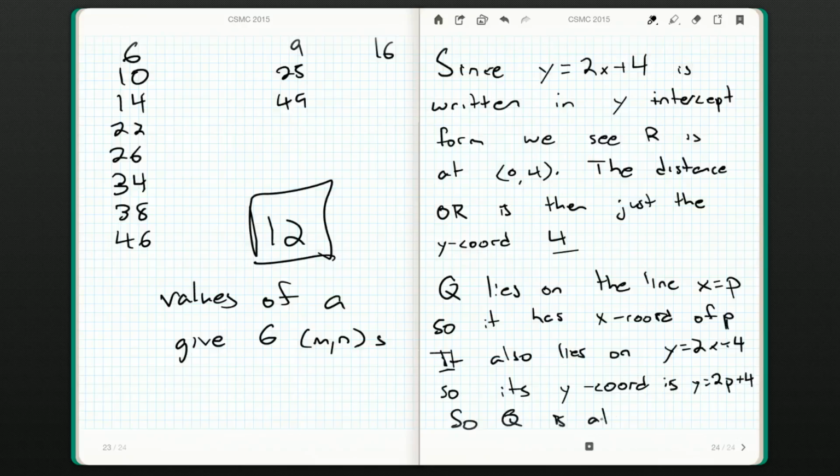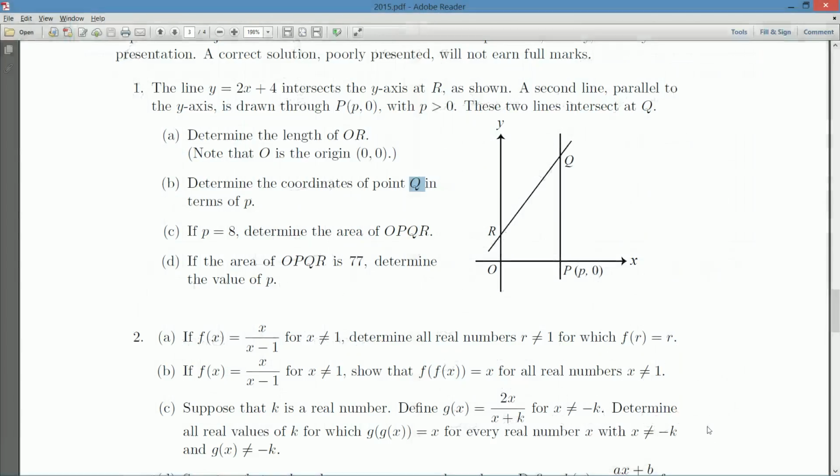So Q is at P, 2P plus 4. And that's all they asked for B, right? Determine the coordinates of point Q in terms of P. There we go. So, if P is equal to 8, determine the area of OPQR.